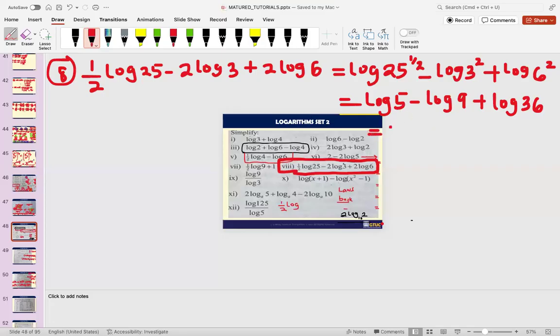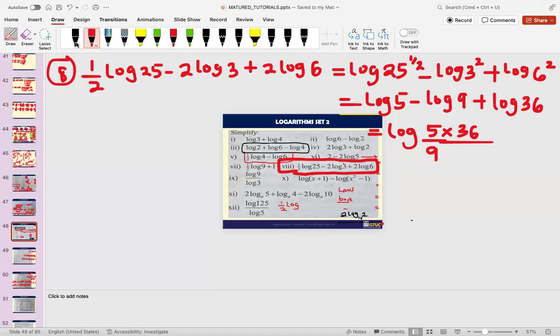So for the second law, we have log 5 divided by 9. And then first law says that multiply, so by 36.